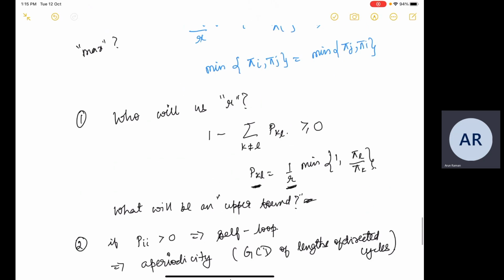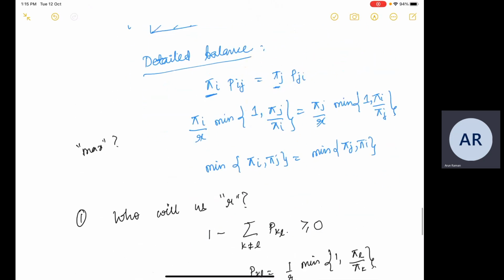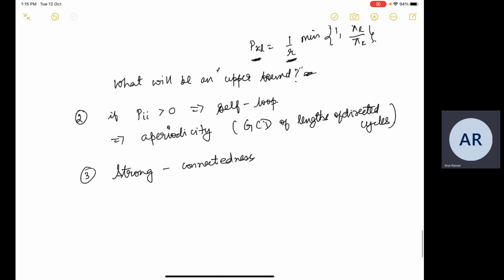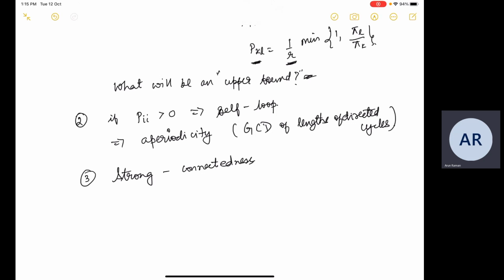The number of states is given by the dimension of the pi vector, which tells us the number of nodes in the graph, and we can choose R to be the number of nodes. Not exactly the number of nodes, actually n minus 1, but we can also pick n. So every node in the graph can be reached in one step, and the strong connectedness comes by default.